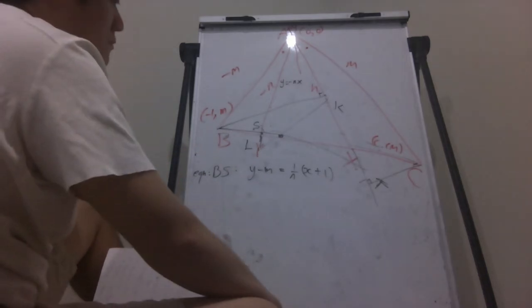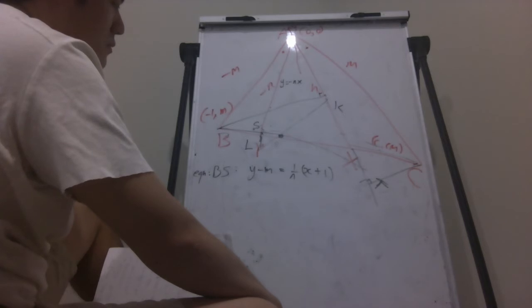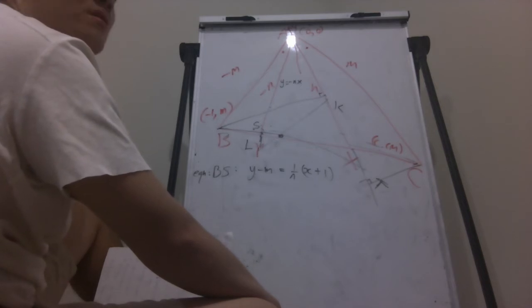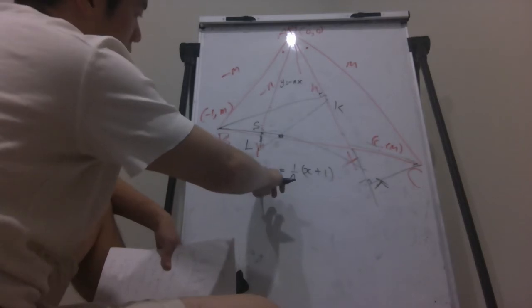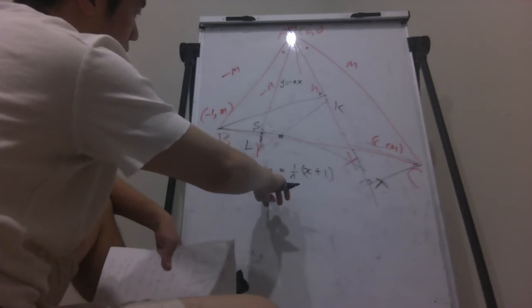Doesn't matter, though sometimes it's going to matter. When it does matter, it's not going to work either, by the way. Wait. Oh yeah, because BS is perpendicular to AY. So basically, at school, you're just learning stuff that you don't understand. Okay, does that make sense? And so if you want to find what S is, right?